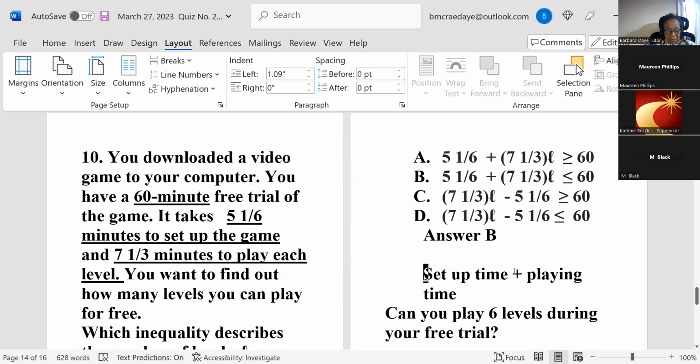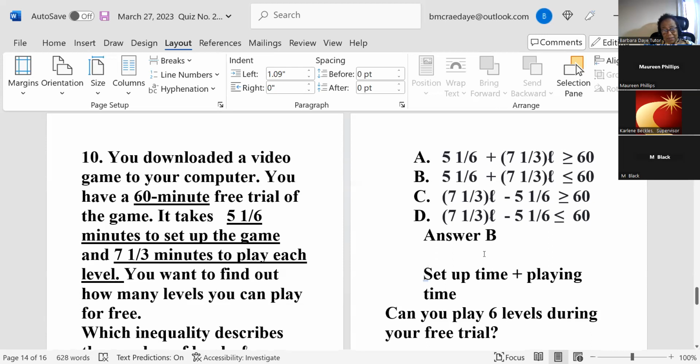So the setup time is 5 and 1/6 minutes. The playing time is 7 and 1/3 minutes per level. So that has to be multiplied by L. They gave you the variable L for the number of levels.